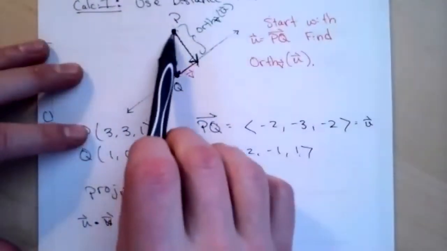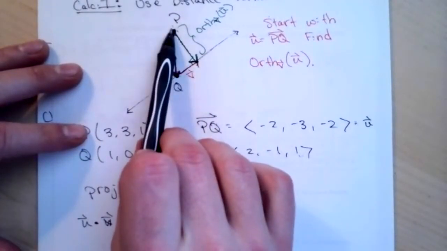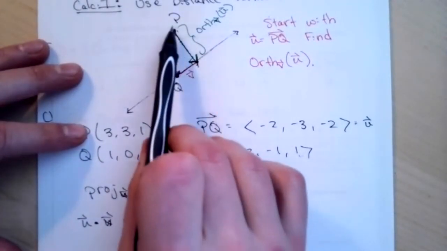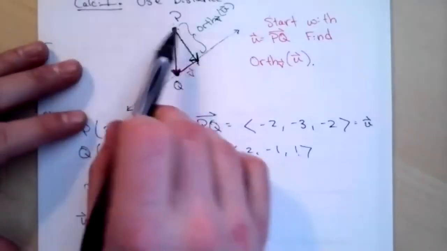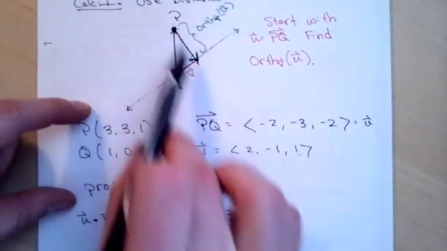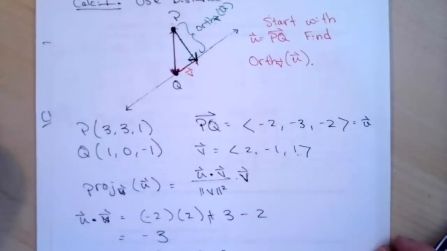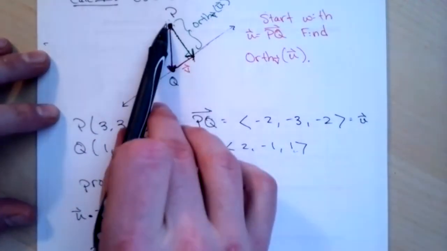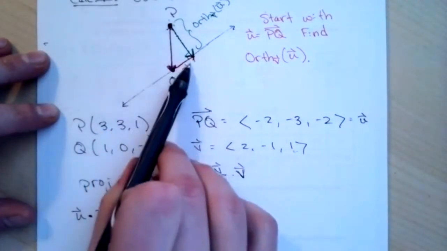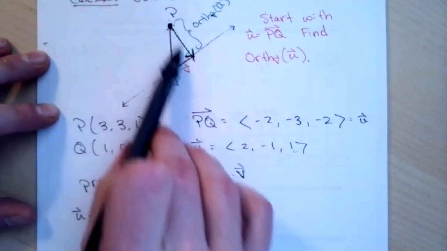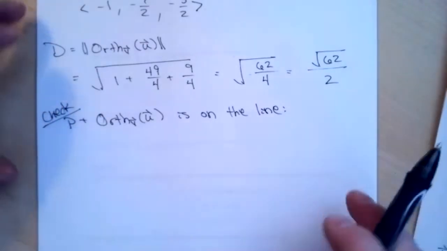Always be careful what direction you're walking in. If we had found QP and then projected on, if you start at P and walk in the opposite direction, you're never going to hit the line. So always be careful of the direction that you're making these. We did PQ from P to Q, and then we subtracted off V. So if we start at P and walk in the direction of that orthogonal component, we should be on the line.